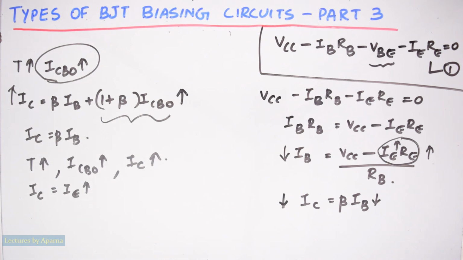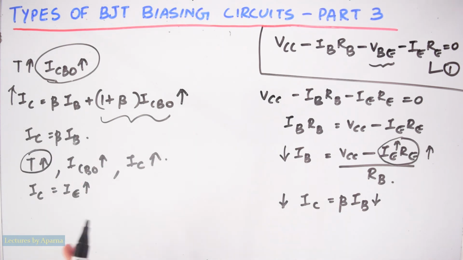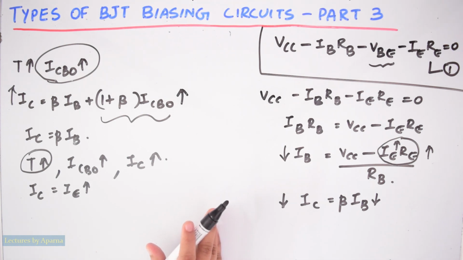So when base current is lowered, it reduces the increase in collector current happening due to this temperature rise. Thus there is a mechanism here that will not allow the collector current to increase rapidly and thus stabilize the operating point to an extent. So these are some of the concepts regarding a bias circuit with emitter resistor.